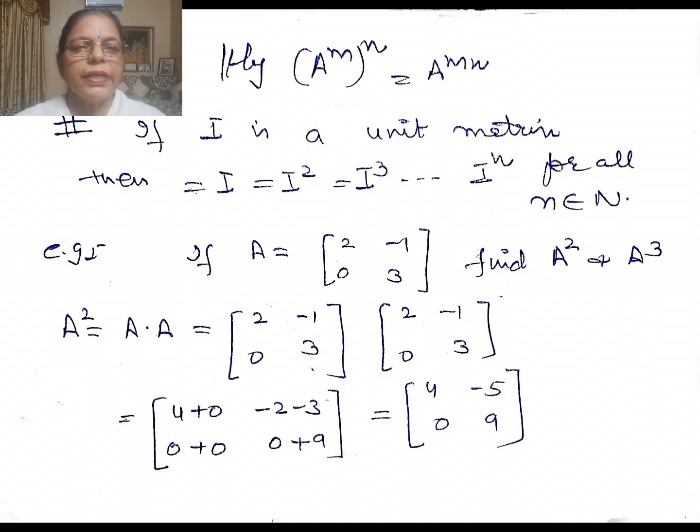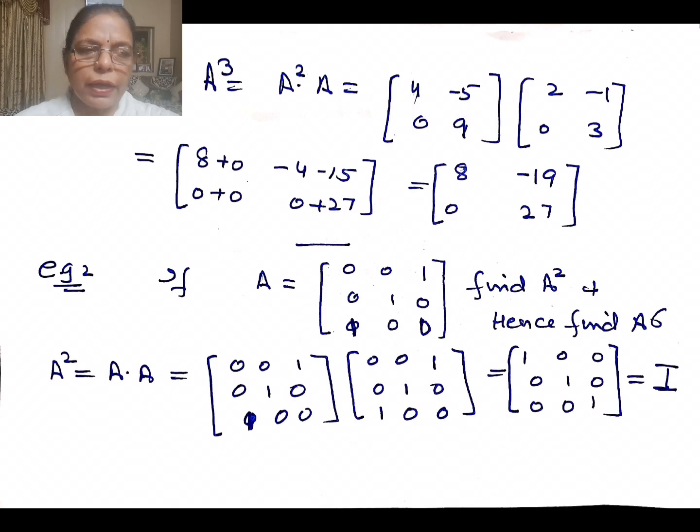Now we want to find A cube. A cube can be written as A square into A, that is equal to [4 -5; 0 9] into [2 -1; 0 3]. When we multiply these two matrices, the resultant matrix will be [8 -19; 0 27].